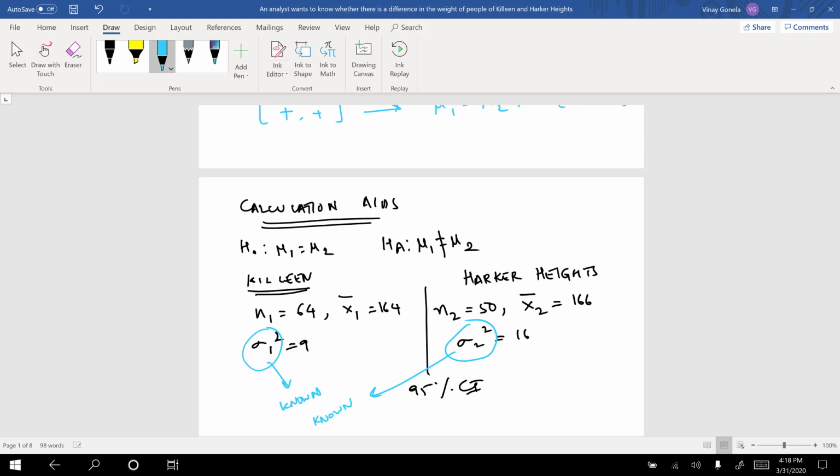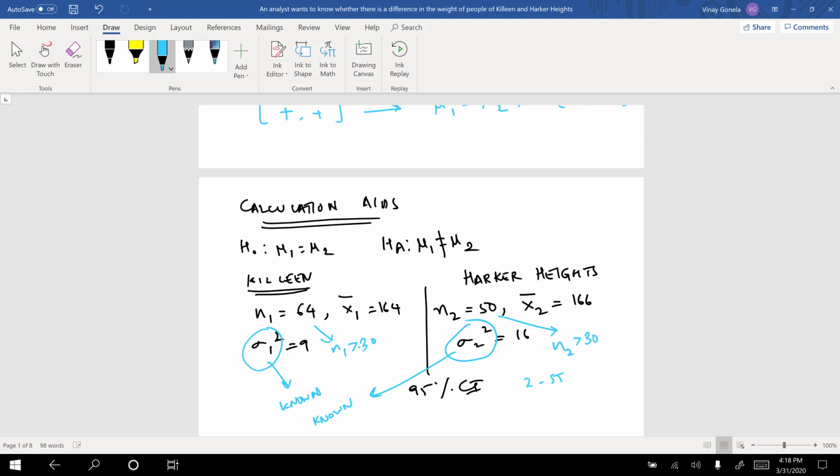So again, you are using Zstat because your variances are known and your sample size 64 for Killeen is greater than 30, and for Harker Heights n2 is greater than 30.